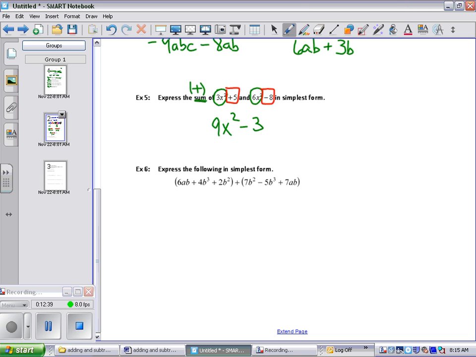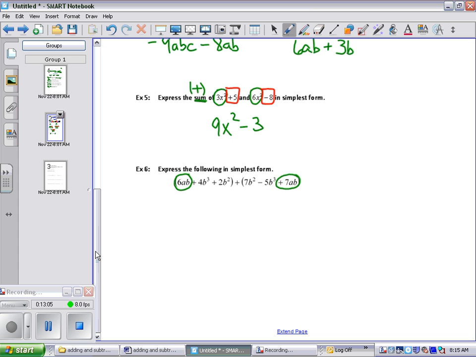All right, last one on this page. Express the following in simplest form. Let's do it all over again. Don't worry about the parentheses because we're adding, so we're putting like terms together. So go ahead, circle your 6ab. Where else do I see a 6ab? Well, now it's at the back of the problem, so it's this 7ab, and take that positive with you. Where else do I see like terms?